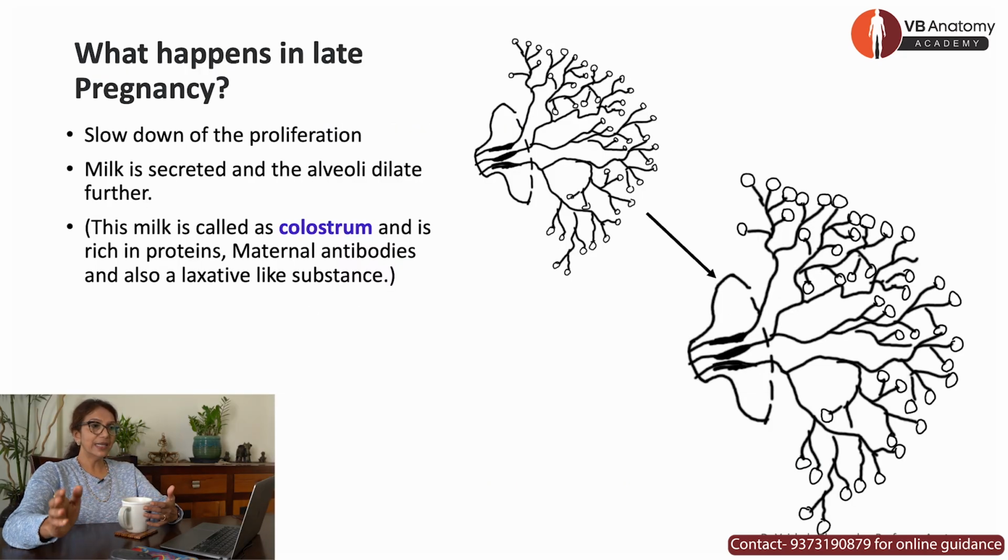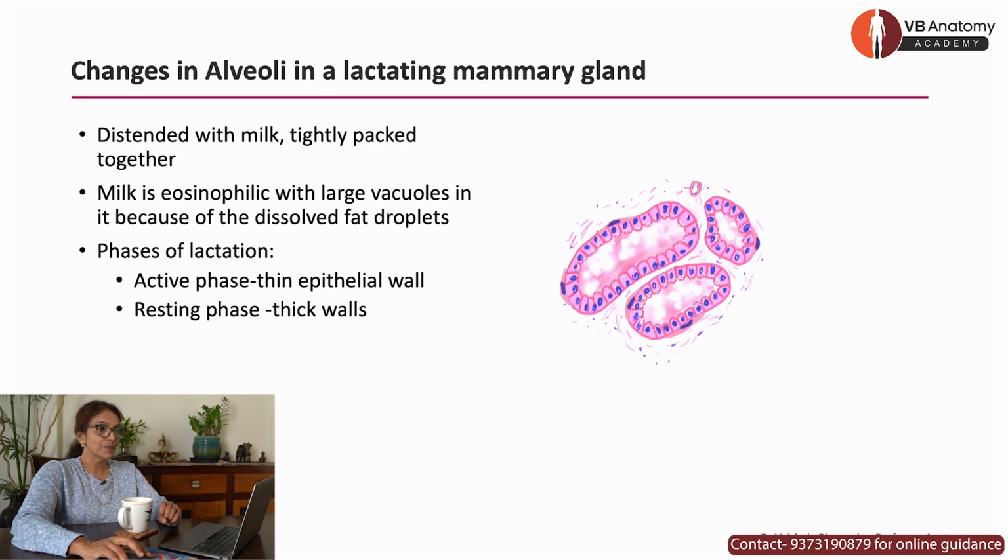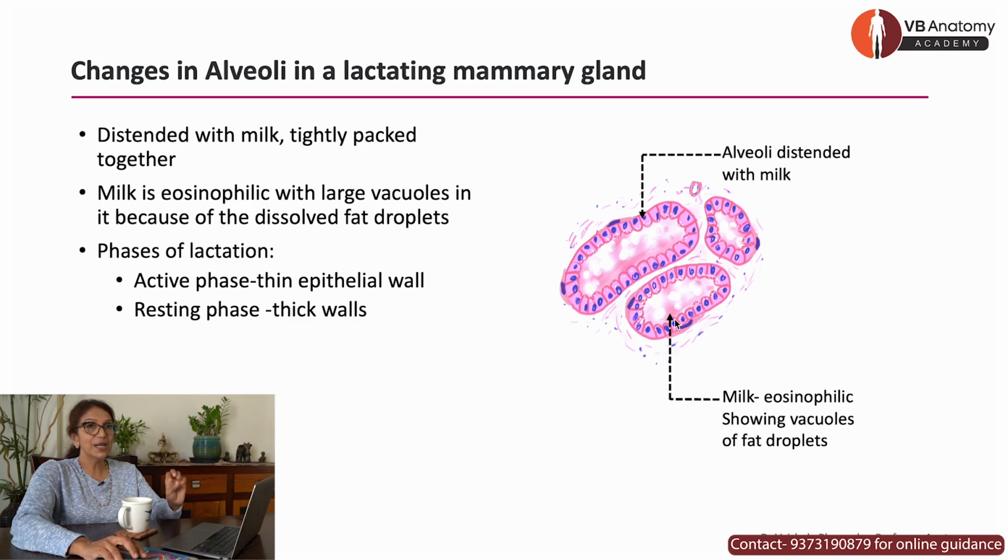So towards the later part of pregnancy, this lumen begins to contain a certain amount of milk in it. So the alveoli now are expanded, but inside the lumen of the alveoli, you can see milk. Because there is milk which contains fat as well as protein, you will see such vacuolated appearance.